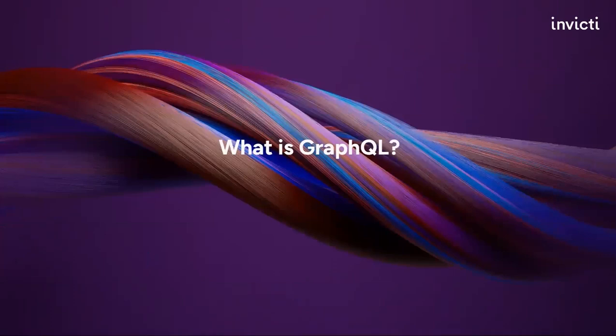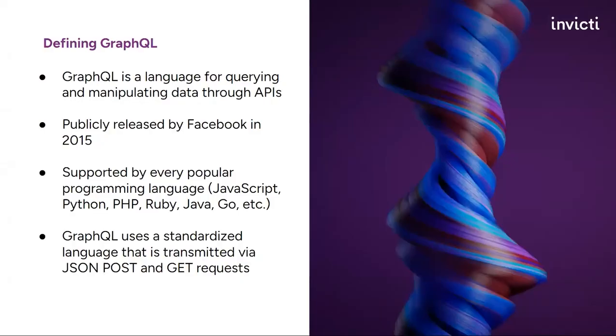If you haven't heard much about GraphQL before, you might be wondering what GraphQL actually is. That's not surprising since this is a little bit of an abstract concept. So here are a few key points about GraphQL. It's a language for querying and manipulating data through APIs. It was publicly released in 2015 by Facebook.